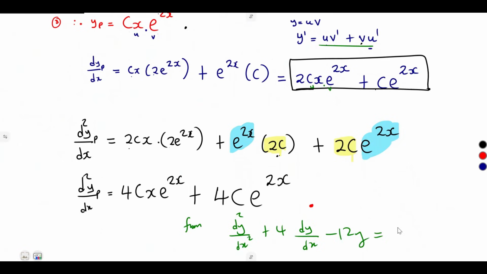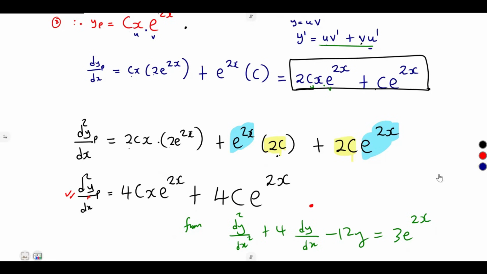substitute everything. It was 3e to the exponent of 2x. So this was our original equation. From that original equation, in place of the second derivative of y with respect to x, we have that second derivative from our particular integral. So we substitute it as it is.